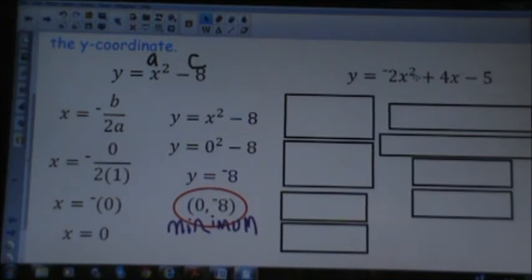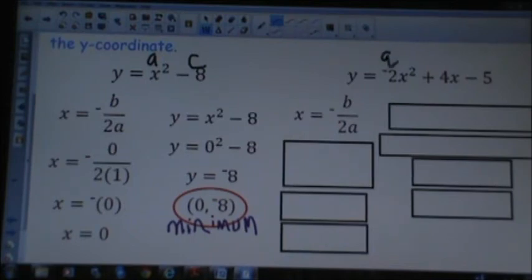This is on your paper. Here's the quadratic function. So remember, since the vertex is on that line of symmetry, I'm going to find the x-coordinate by using our equation for finding the line of symmetry. X equals negative b divided by 2a.